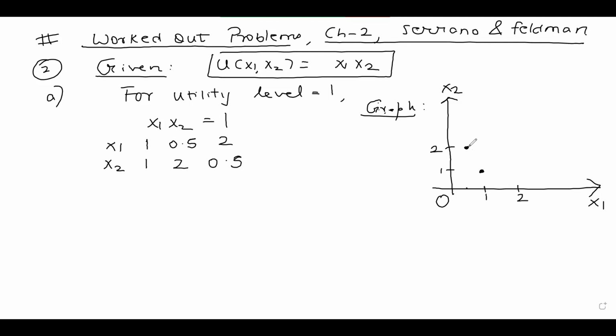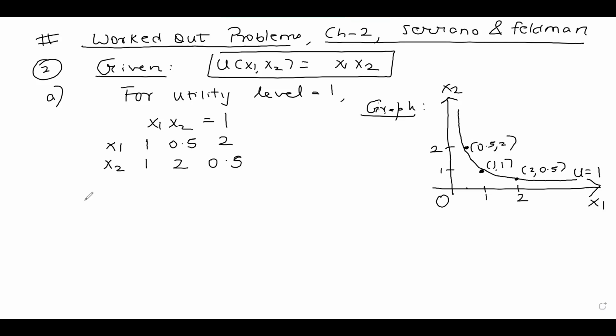And then x1 is 2 and x2 is 0.5. If I join them, I get the indifference curve. This is my indifference curve for a utility level exactly equal to 1. I'm writing the points here: 1, 1; 2, 0.5; and 0.5, 2.